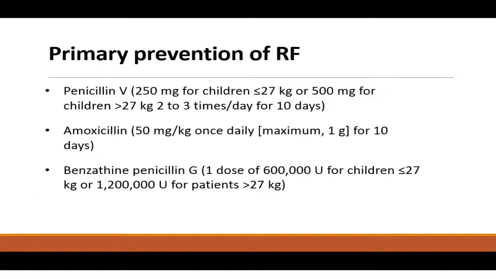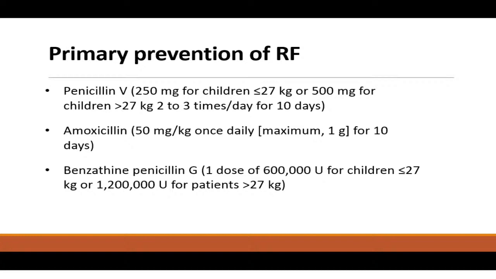So how may we prevent rheumatic fever? If a patient has pharyngitis or any focus of streptococcal infection, we may use antibiotics, and we must use antibiotics. The most often used antibiotics are of the penicillin group: penicillin, amoxicillin, and sometimes benzathine penicillin G. You see the dosages and the duration.